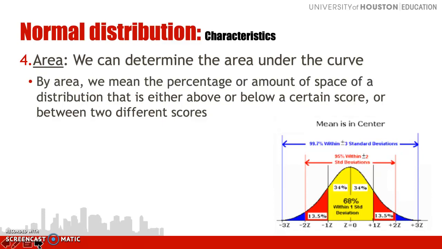Likewise, 2 standard deviations above and 2 standard deviations below the mean comprise 95% of all of the individuals in your distribution. And that is true for all normal distributions. And that's really nice to be able to say that.